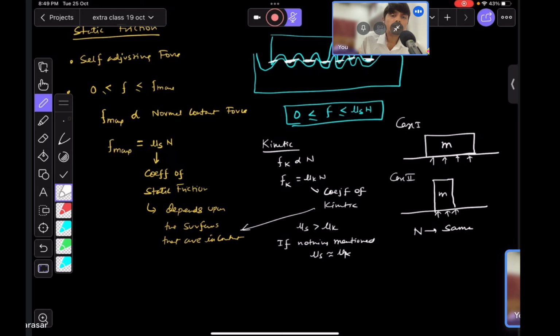So each interlocking is going to be less effective than in case 2. In case 2, we have fewer interlockings because less area is in contact, but the normal contact force per unit area is bigger. So the interlockings become more effective than in case 1. So the overall effect is that the friction force comes out to be the same. Understanding this point? Getting the point or not?